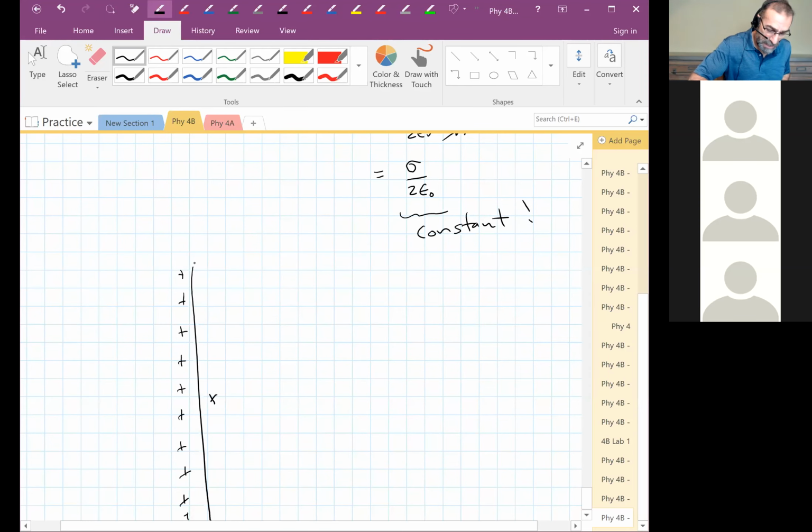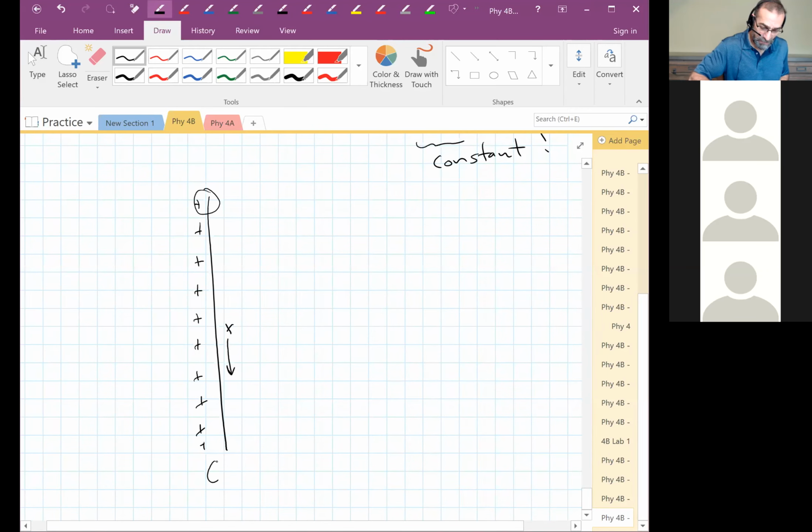The charge out here is producing an electric field in this direction, and the charge way down here is producing an electric field in that direction. They almost completely cancel when we're standing close to the sheet. So the charges far away contribute almost nothing because it's a vector quantity. But the charge in here contributes a lot because we're very close to that, right?